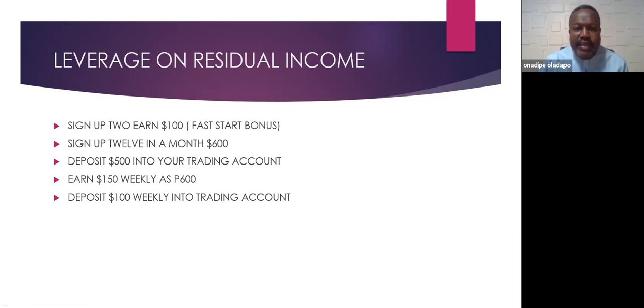with residual income. Then also, by hitting a rank that is known as Platinum 600, you can also be earning $150 every month. And from there, you can also deposit 100 out of $150 in your trading account weekly.